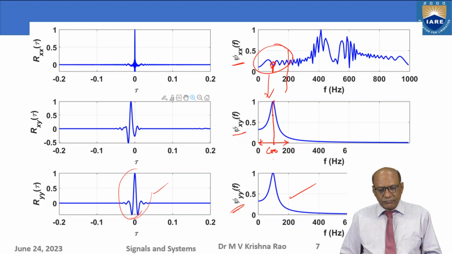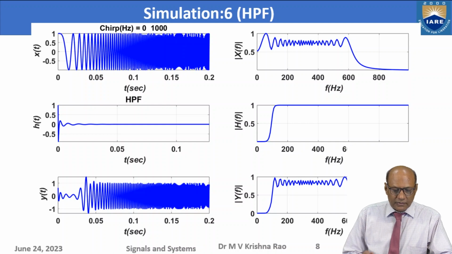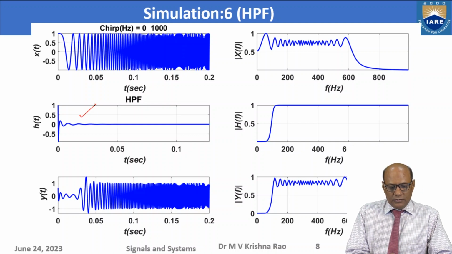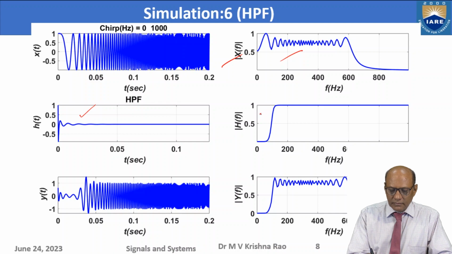Now the high pass filter. So this is the high pass filter, and this is very sharp. A sharp impulse kind of thing is there, and this is the same thing. And here when you see, this is the stop band, this is the pass band.